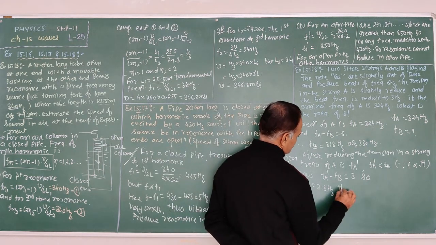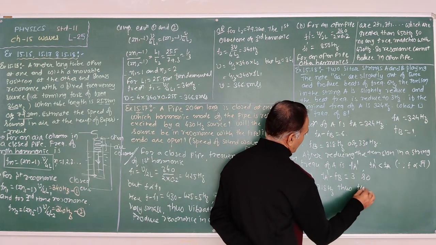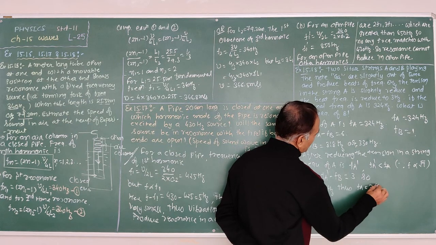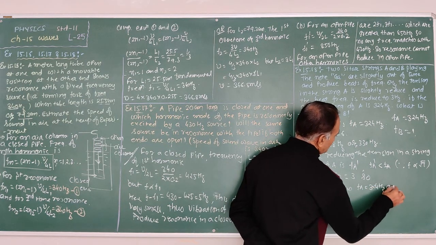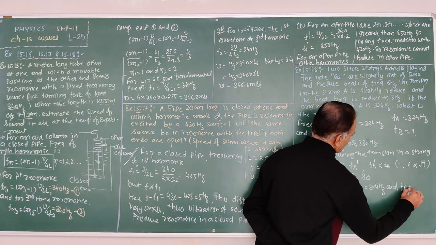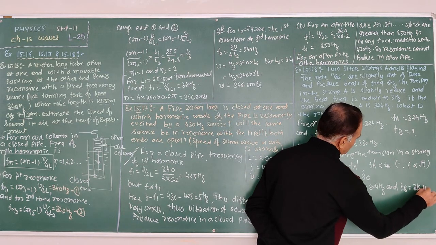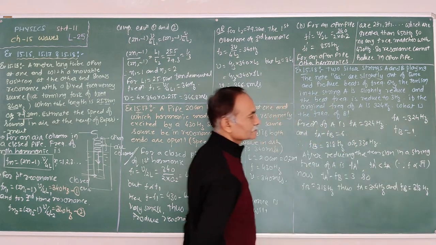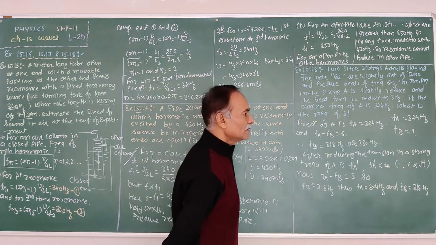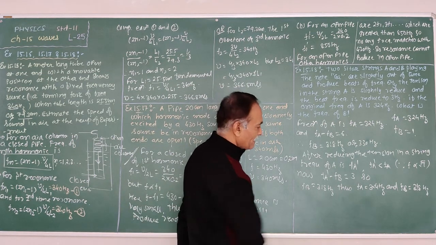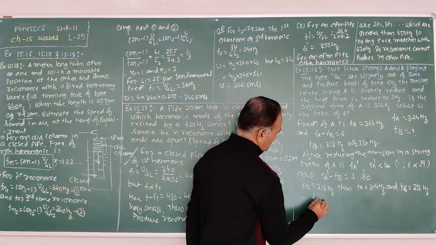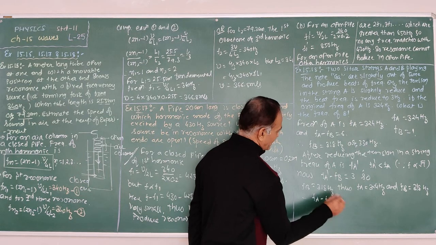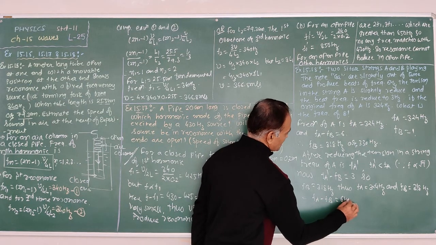Thus, FA is equal to 324 Hz and FB is equal to 318 Hz. Therefore, FA minus FB is equal to 6 Hz.